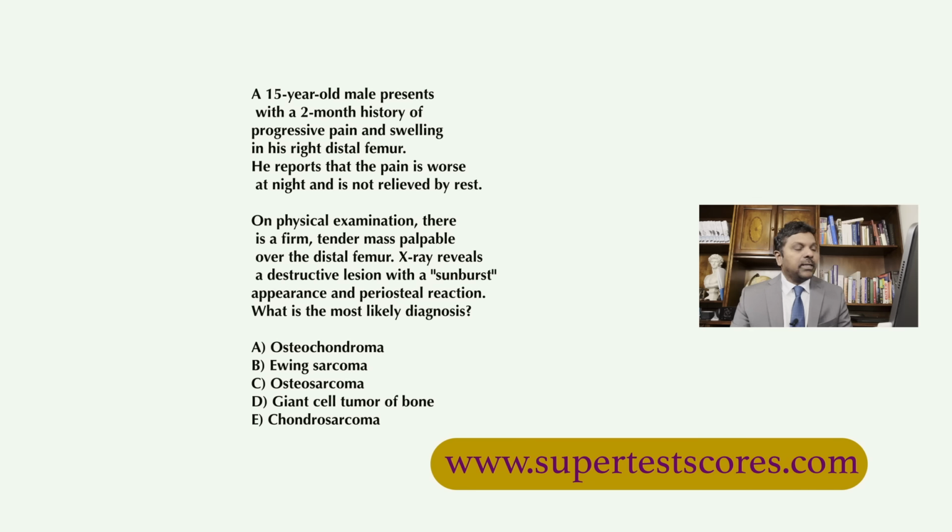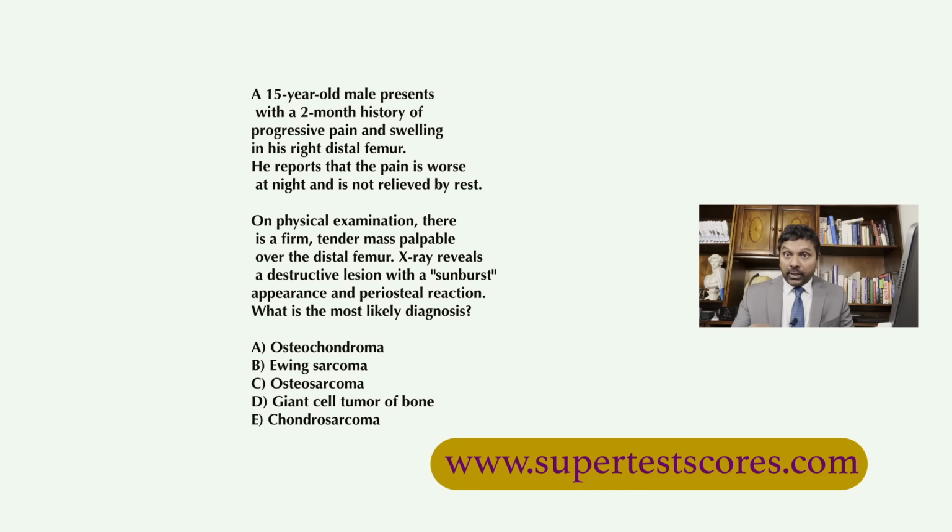X-ray reveals a destructive lesion with a sunburst appearance and periosteal reaction. What is the most likely diagnosis? A. Osteochondroma. B. Ewing sarcoma. C. Osteosarcoma. D. Giant cell tumor of bone. E. Chondrosarcoma.